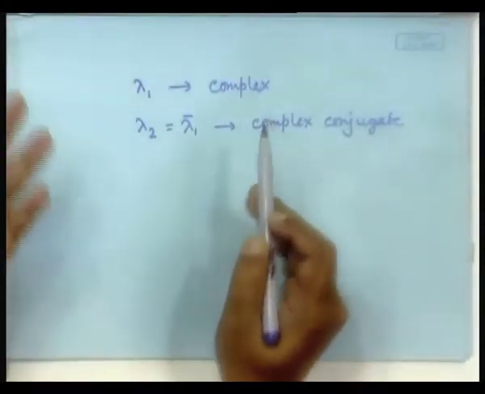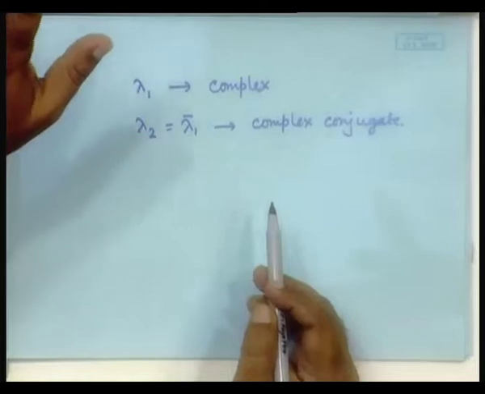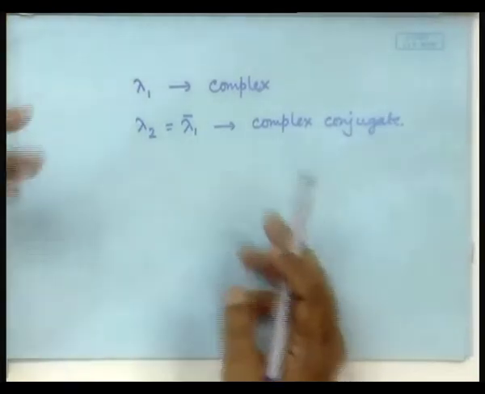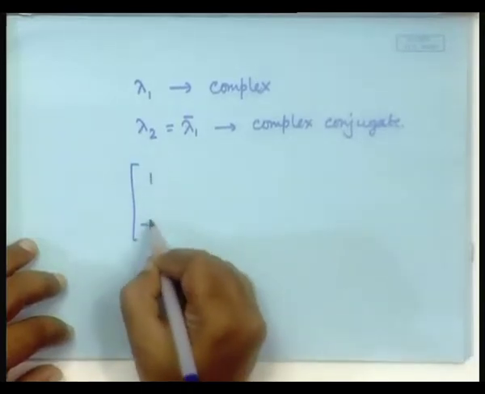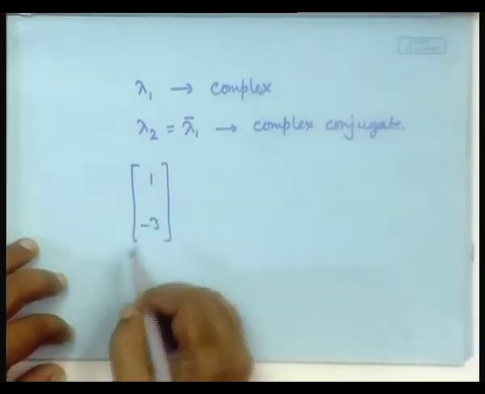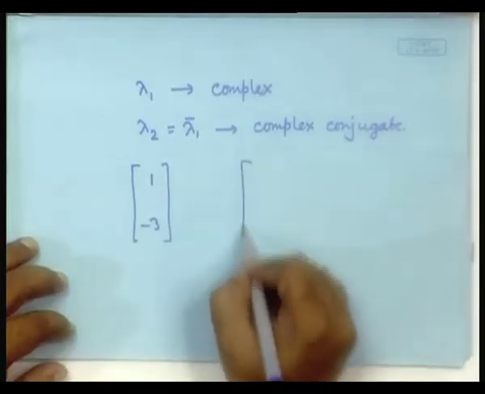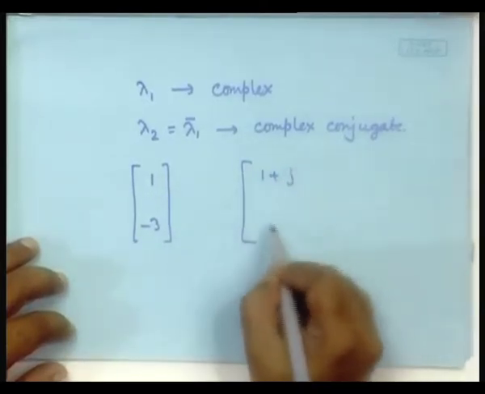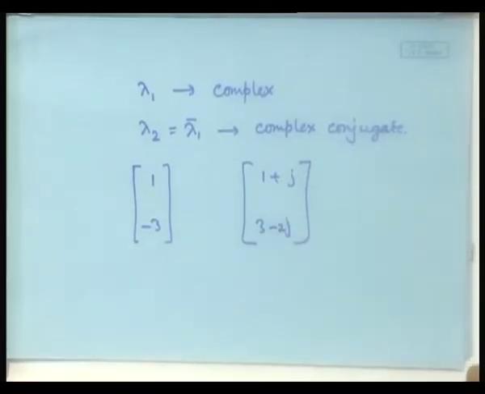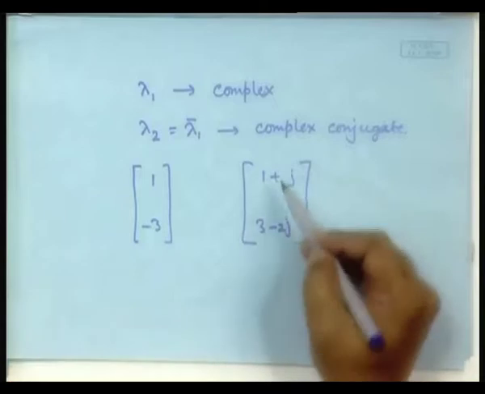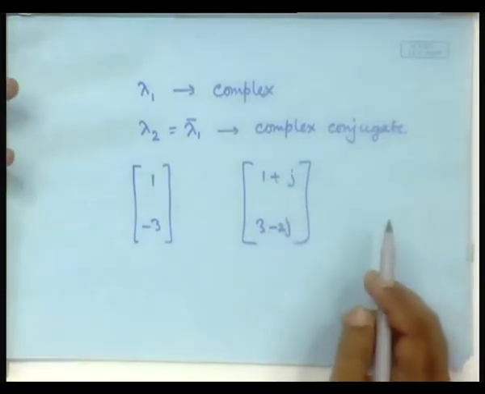Now, what the hell is the eigenvector in this case? Obviously that is a question, because if you have a complex number, the eigenvector will also be a complex eigenvector. What do you mean by a complex eigenvector? Normally, we were writing the vector like 1, minus 3, this is a real vector, while a complex vector might be 1 plus j, 3 minus j, something like this. A vector in which the individual elements are complex numbers.